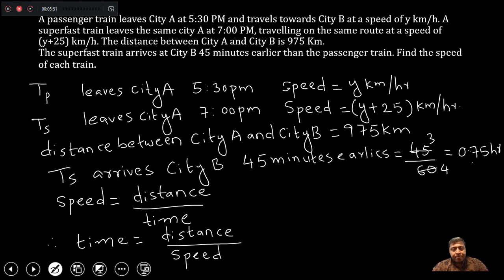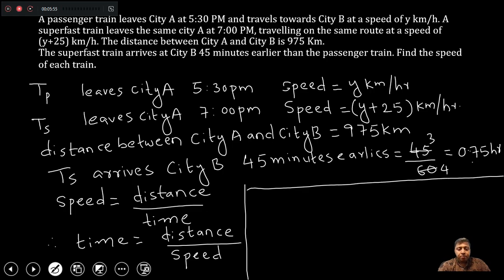Right? Okay. So with this, we have time as distance upon speed. So I'm going to use this formula and find the time of journey for the passenger train.